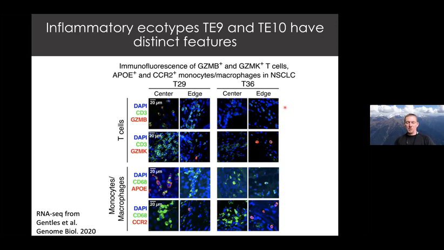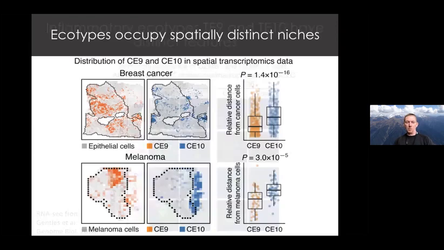So this is just a small piece of immunofluorescence data, but we can also look at things like spatial transcriptomics data in a bit more detail. We took some of the public spatial transcriptomics data that's out there, and we're generating some of our own internally as well. If you're not familiar with spatial transcriptomics data, basically this is a slice through a piece of breast cancer at the top, and a melanoma at the bottom.